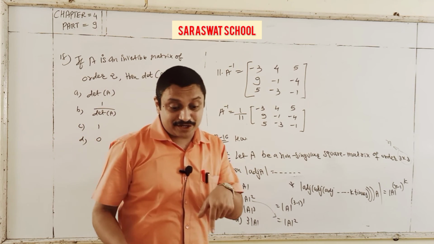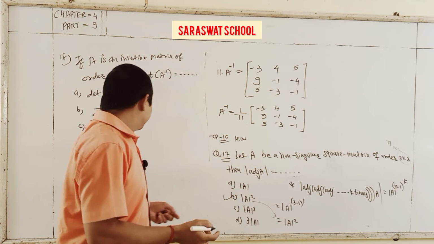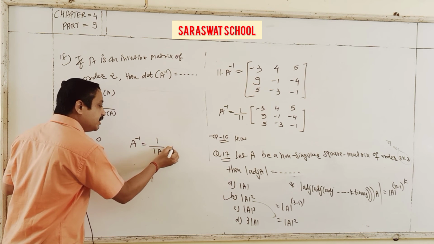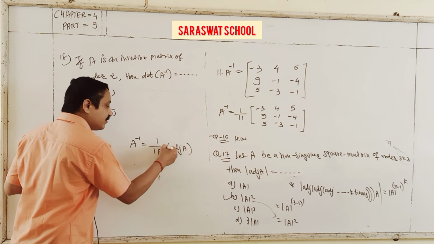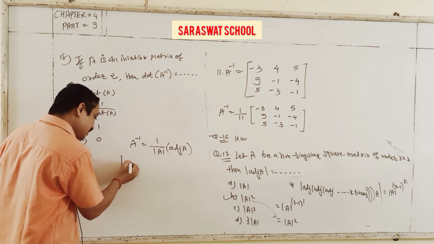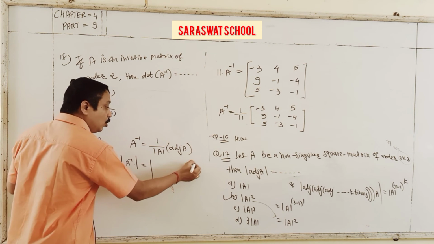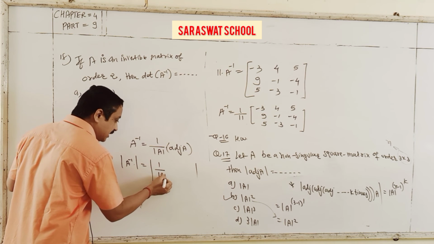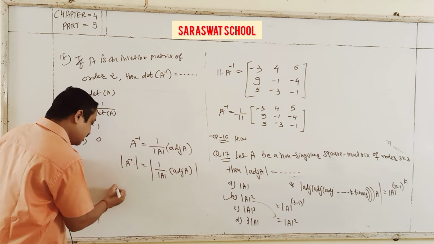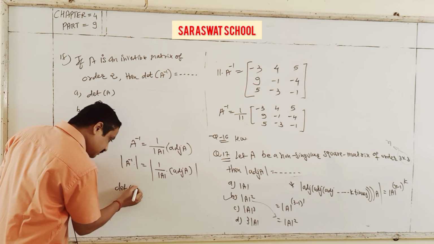Students, determinant of A inverse means A inverse, you know the process. Yes, A inverse is what? 1 upon determinant A into adjoint of A. But I want this determinant. So determinant of A inverse, that whole part I will take also determinant of A. So that is your determinant of A inverse.